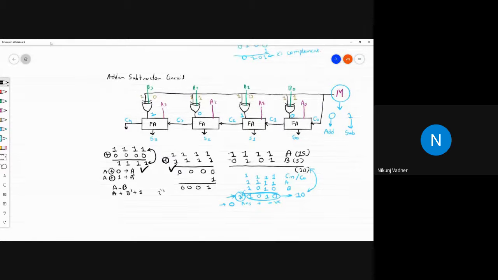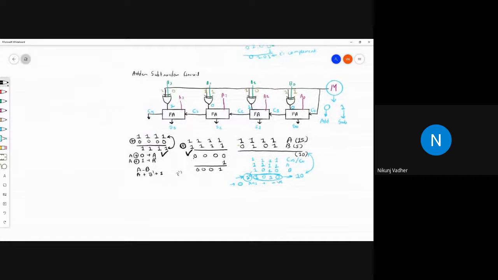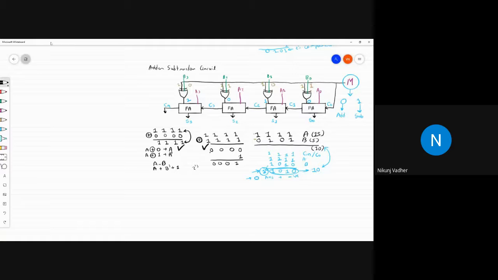We have seen one example, 15 minus 5 when M is equal to 1. Let's have one more example for the same adder-subtractor circuit. Let me take one number.